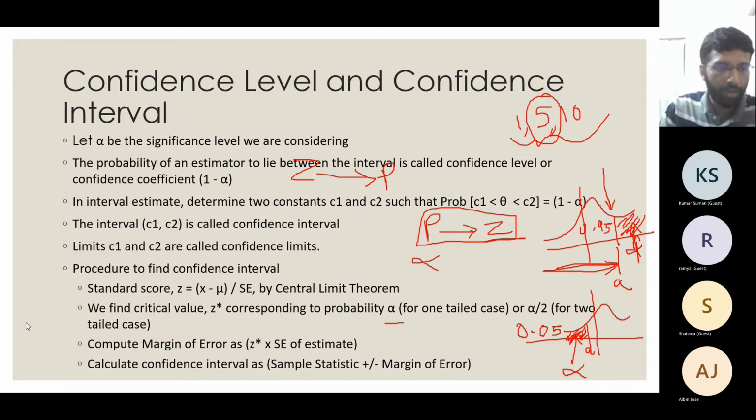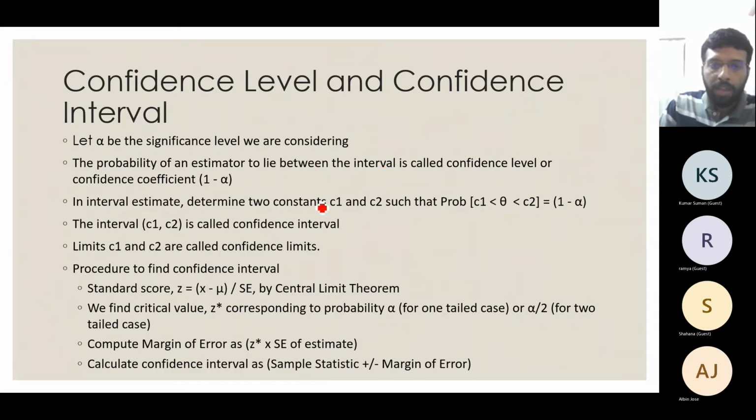Now let's consider the two-tailed case. Let's say there is a machine which puts a hole in a metal sheet, and I will say that provided the diameter of the hole is within some particular interval, I can accept that from the quality point of view, because I will be using that hole for some other purpose.